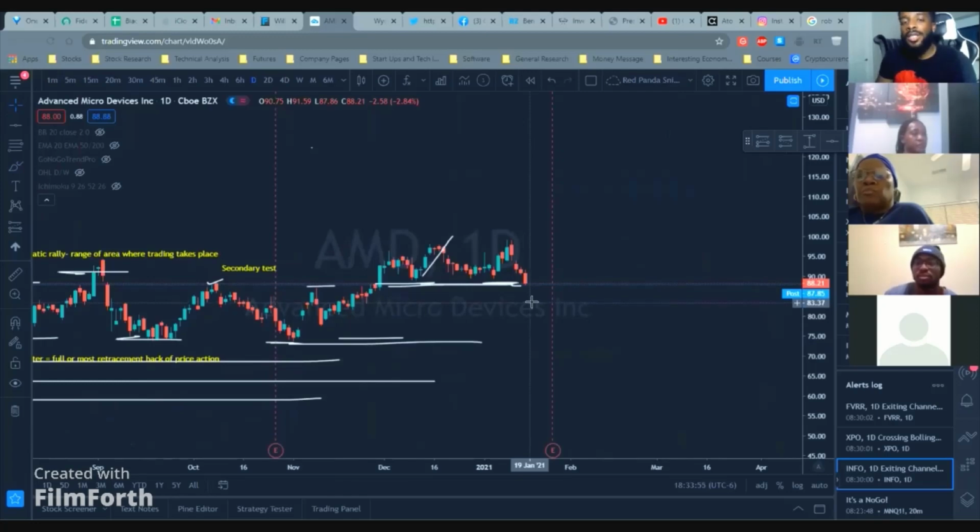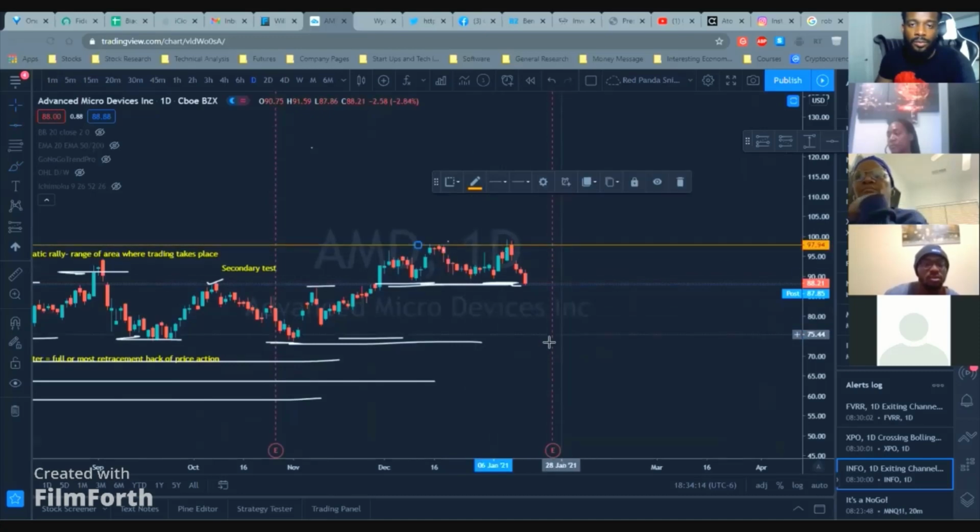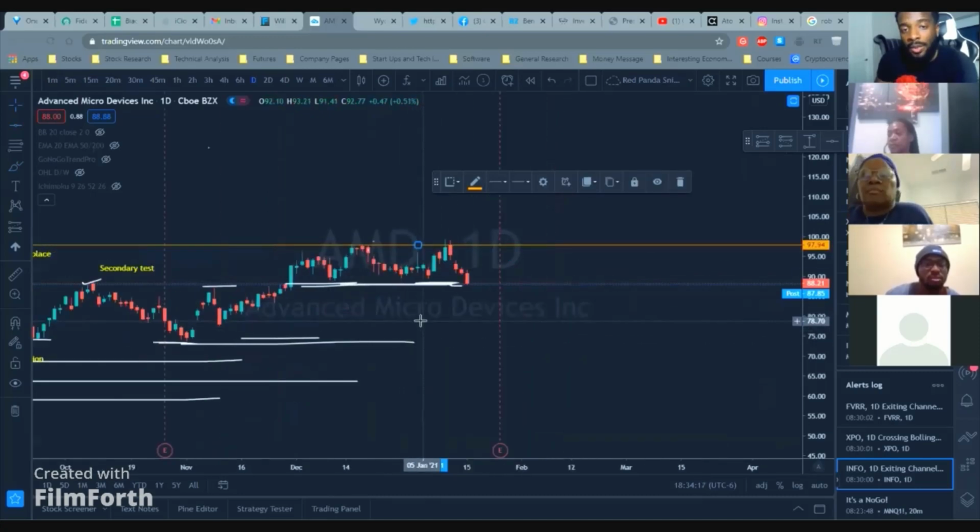However, this is where it's the real weird area, because you have price here at this point. This is a new support level. This is a new resistance. However, there are some things you will look at for here.